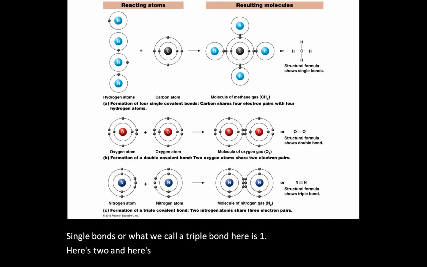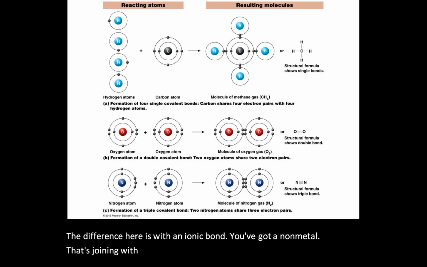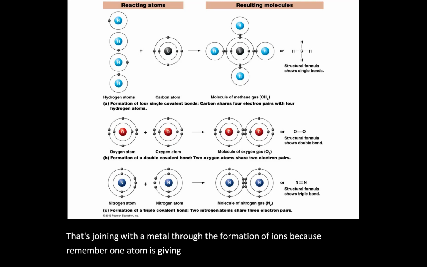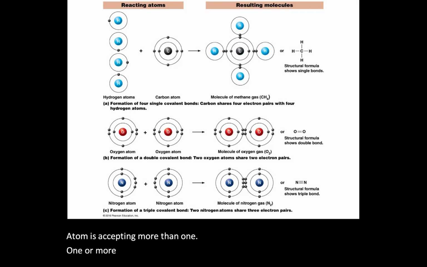The difference here is with an ionic bond, you've got a nonmetal that's joining with a metal through the formation of ions, because remember, one atom is giving away 1 or more electrons, and the other atom is accepting 1 or more electrons. It's not an equal sharing of that electron.